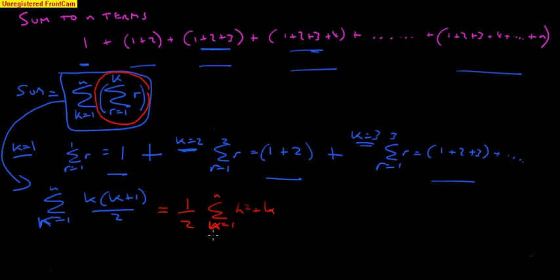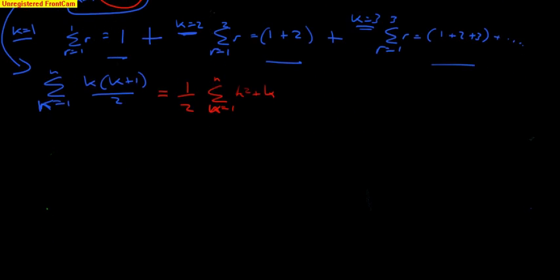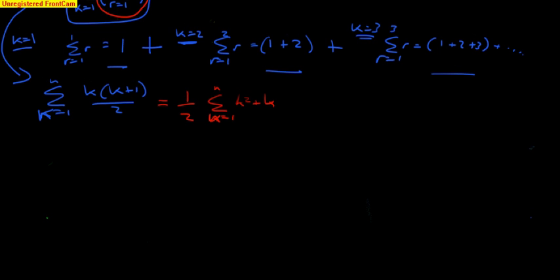We'll just expand that out. That is half. Now we know, I'll do it slowly, we get the sum from k equals 1 to n of k squared plus the sum from k equals 1 to n of k.